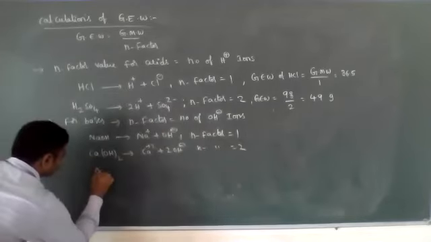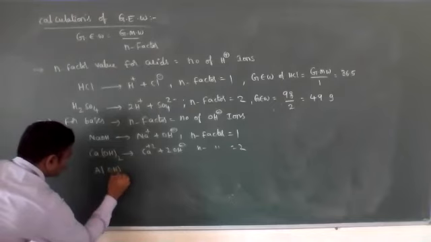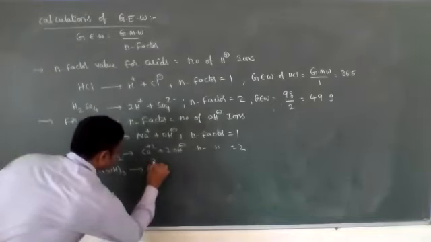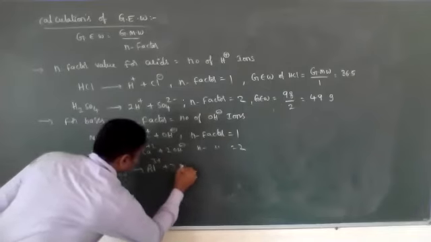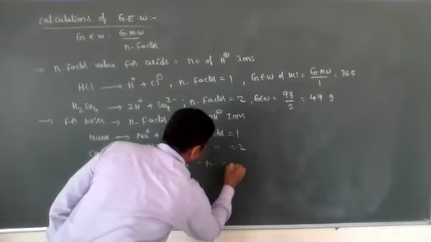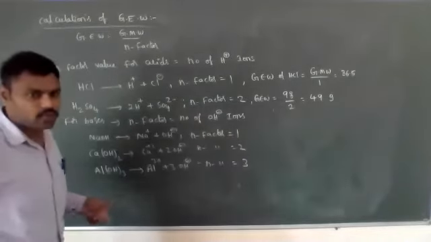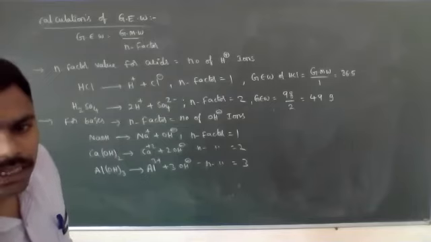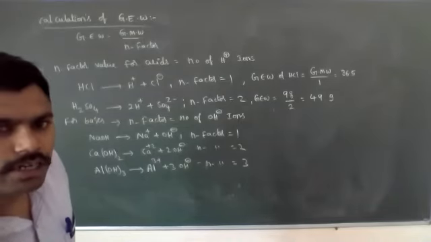Aluminum hydroxide gives Al 3 plus plus 3 OH minus, then its n factor is equal to 3. So for bases, n factor values depend on the number of OH minus ions.